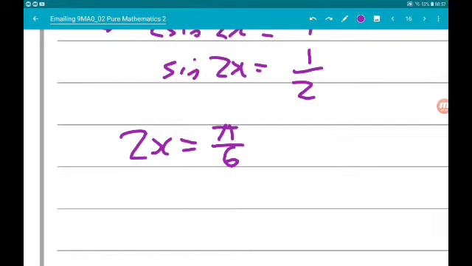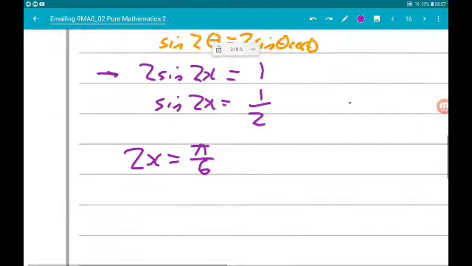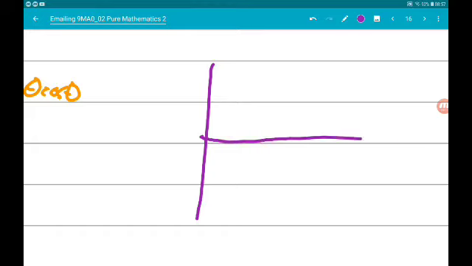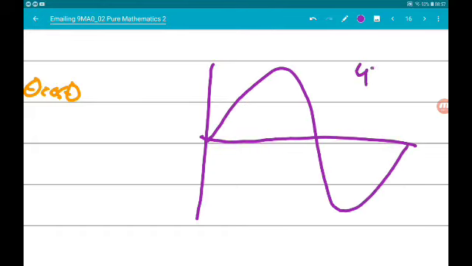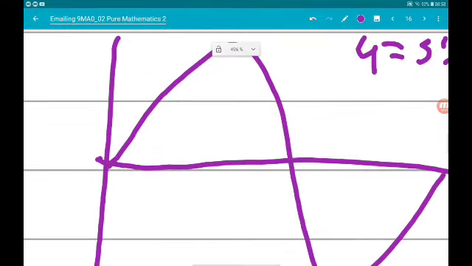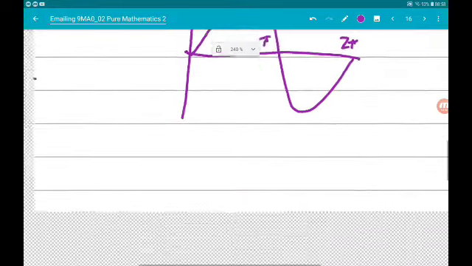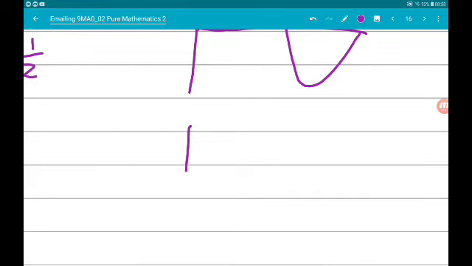Okay, so before we worry about halving, let's think about sine. So, sine of x looks like this. So y is sine of x. Now it's 0 at pi and 2 pi. Now sine of 2x is a squash.